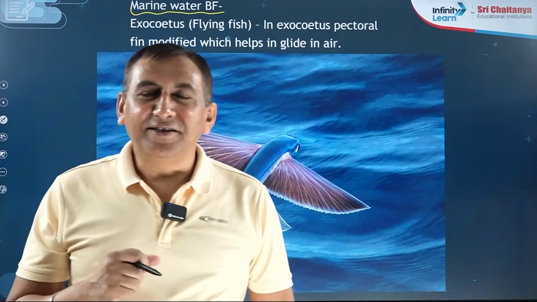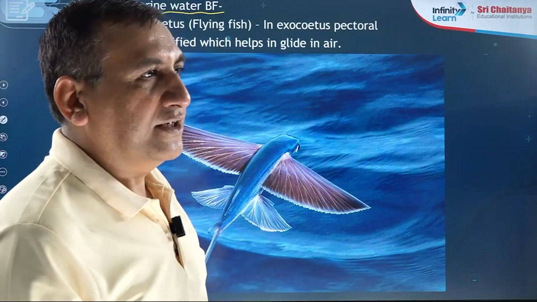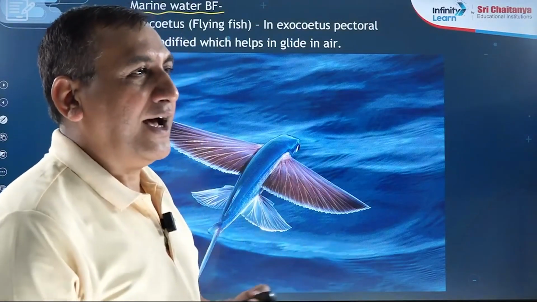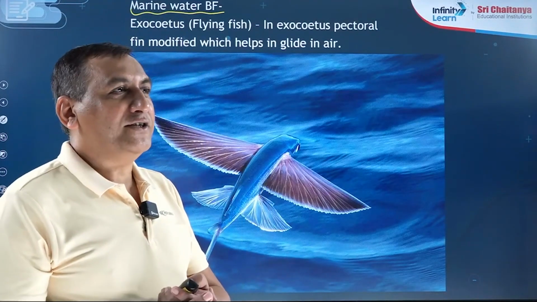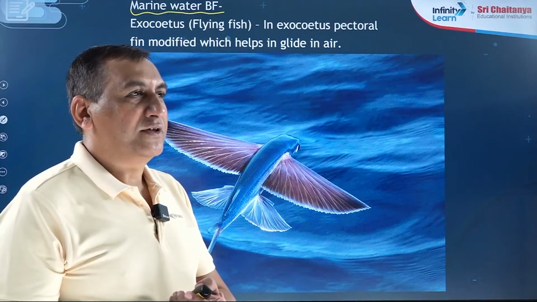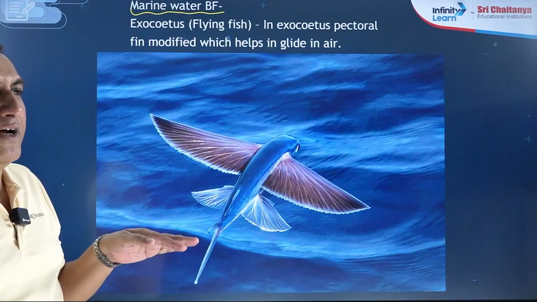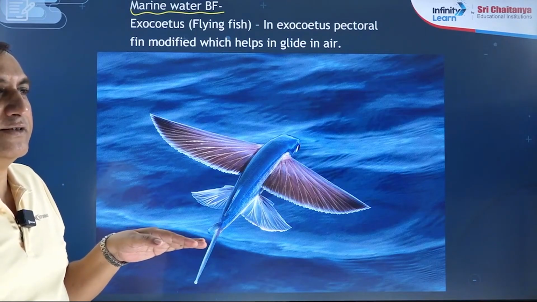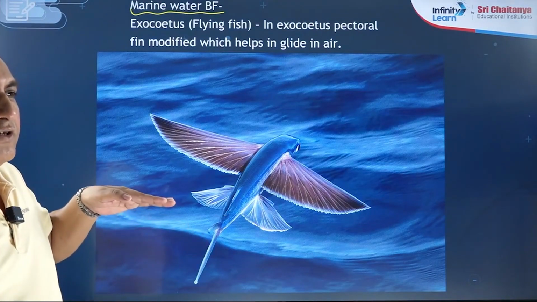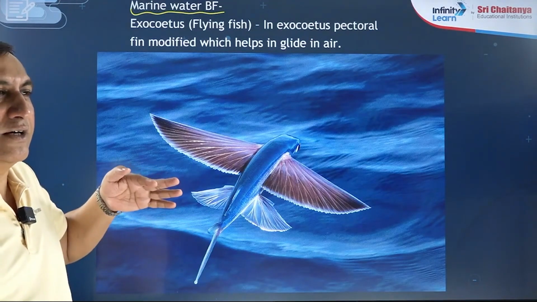My query is, in the NEET exam they ask a question like this: when it is not able to fly, why is it known as the flying fish? Anyone will say it is the scientific name, but why the flying fish? Because it does not have wings, beta.